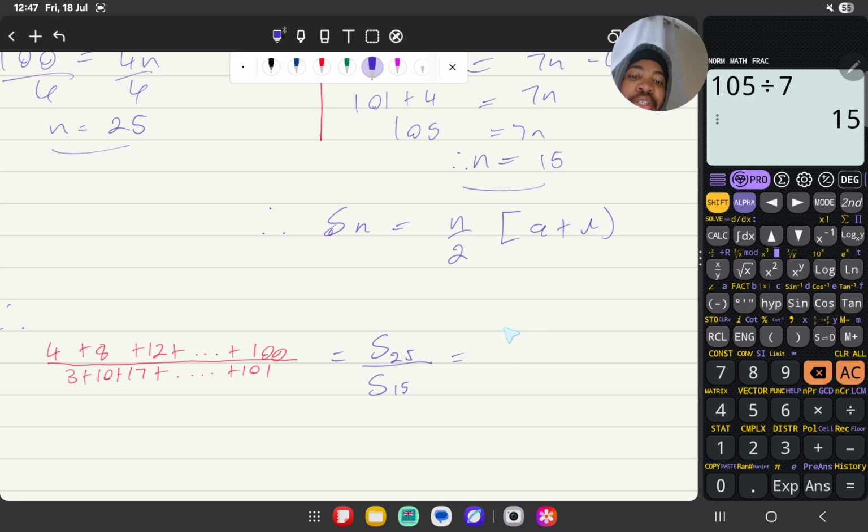We substitute: you have 25 over 2, the first term which is 4 plus the last term which is 100. Here you have 15 over 2, the first term which is 3 and the last one which is 101.